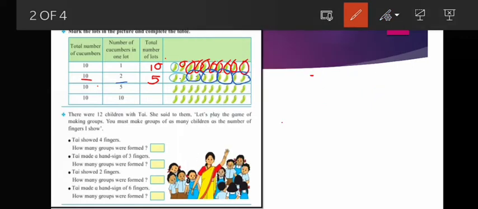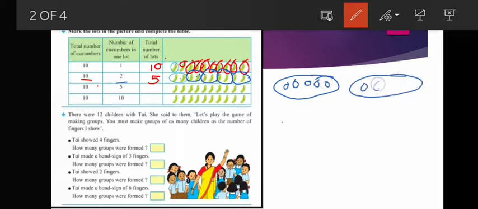Now total number of cucumbers are 10 in the third place. Now number of cucumber in one lot. So they have asked us to make 5 cucumbers in one lot. So one lot will have how many cucumbers? 1, 2, 3, 4, 5. And the second lot will have 1, 2, 3, 4, 5.